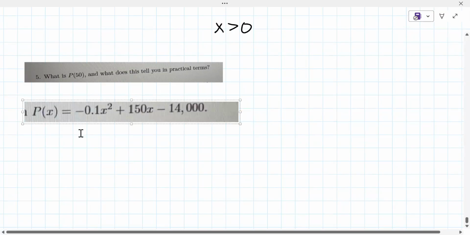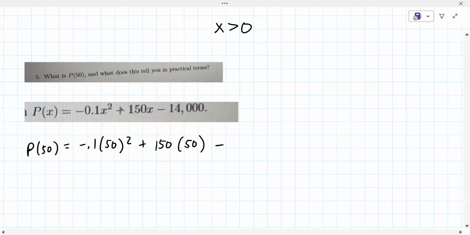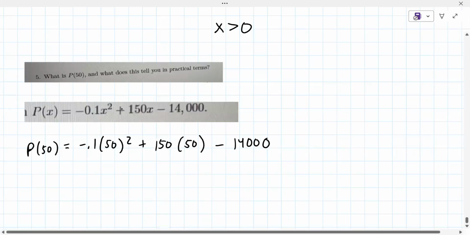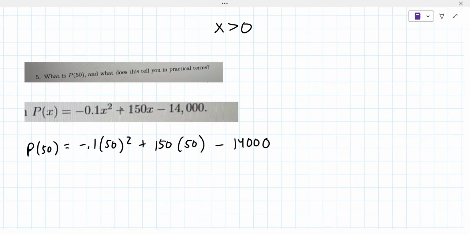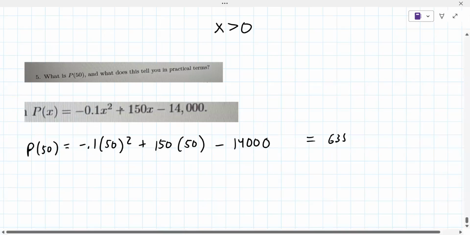They're asking you to put 50 in for X. So go ahead and calculate that for us, please. $63.50. Okay.